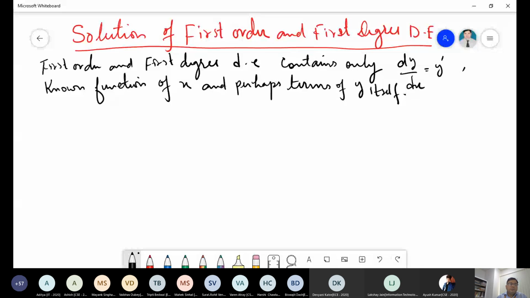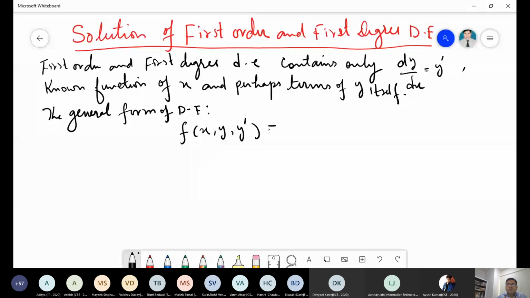So the general form of differential equation, this first order first degree, we can represent it as f of x comma y comma y dash equal to 0.